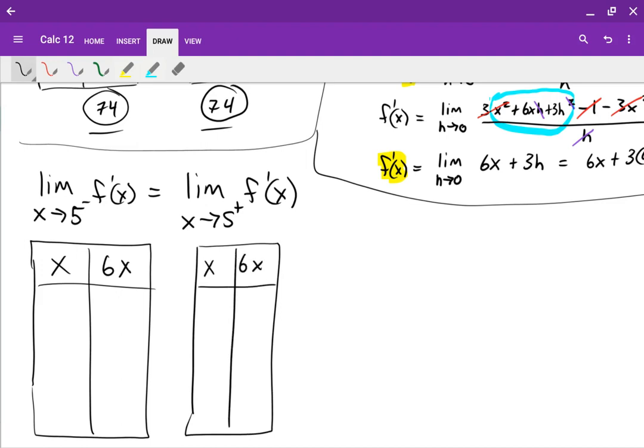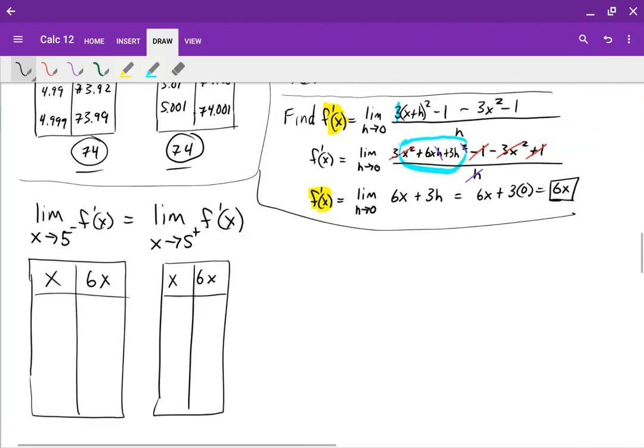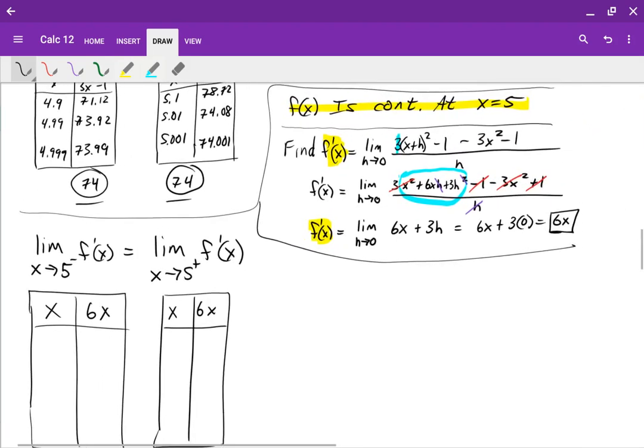Now I'm again approaching 5 from below and above, and I can just use the same numbers: 4.9, 4.99, and 4.999, 5.1, 5.01, and 5.001, right?